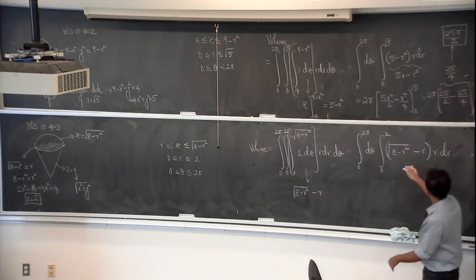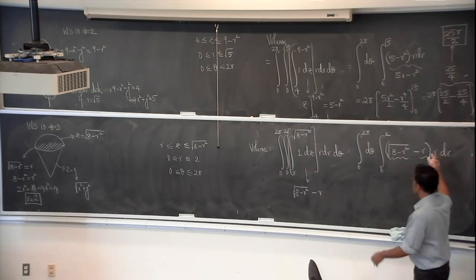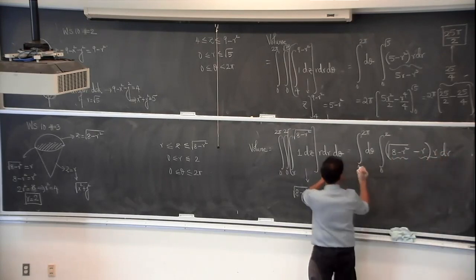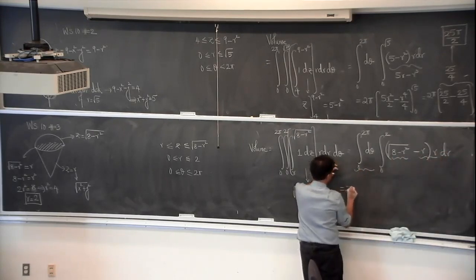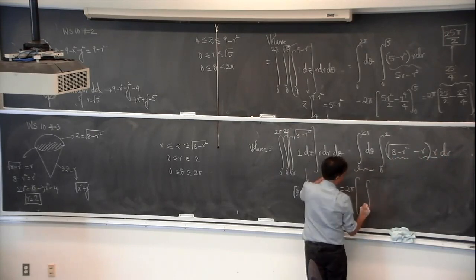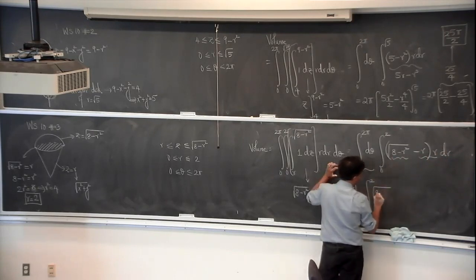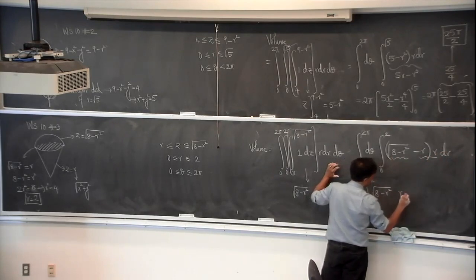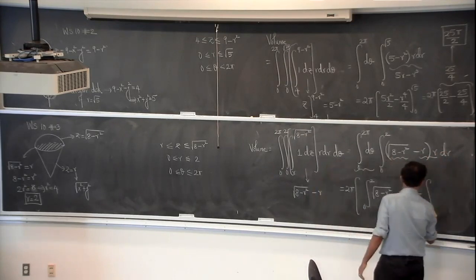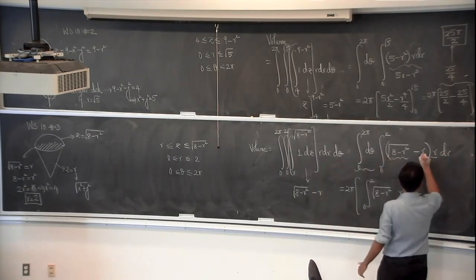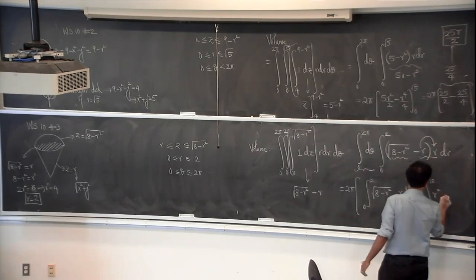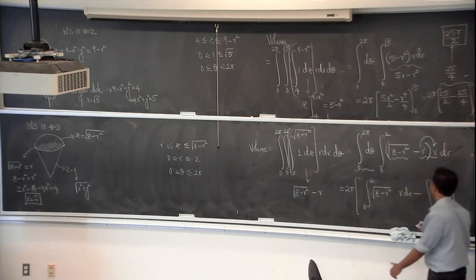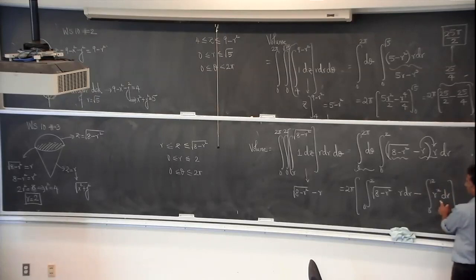Separate this into two terms. That's what you should do if you get a situation like this. This is just 2 pi times the integral from 0 to 2 of square root of 8 minus r square times r dr, minus the integral from 0 to 2 of r square dr. This integral is pretty straightforward.